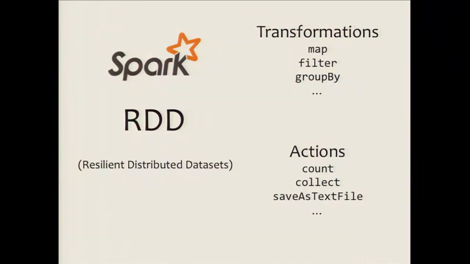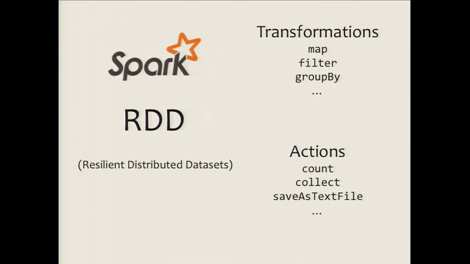The first kind is called transformations. For instance, we have the familiar map and filter operators, and also group by key, and a lot of others. The second kind is called actions. For instance, count just returns the number of elements in an RDD. And actions are what really trigger an actual computation in a Spark job.